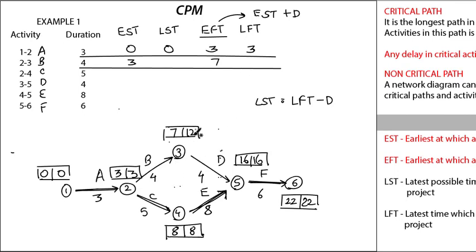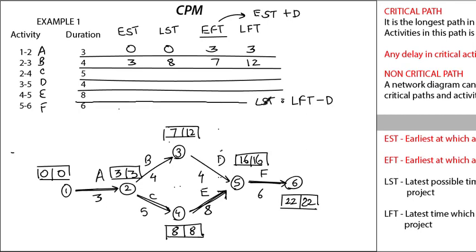Similarly, latest finish time is 12 and latest start time will be 12 minus 4, that is 8, right? So this is how you calculate early start time, early finish time, latest start time, latest finish time. For all the activities it will be like this only.